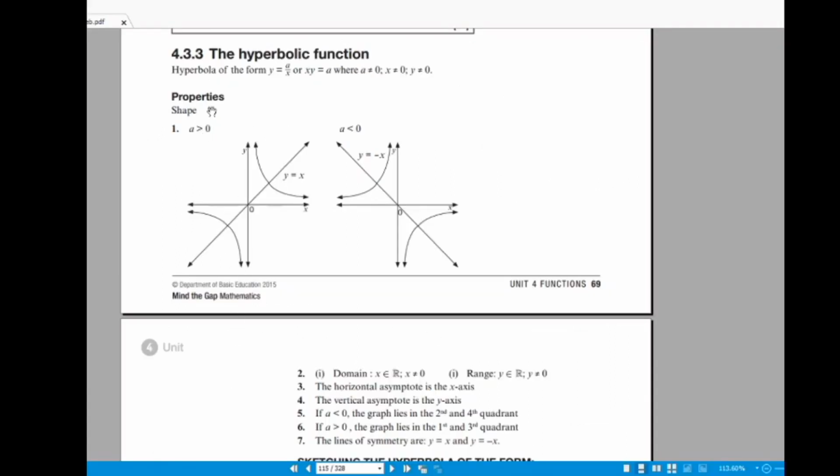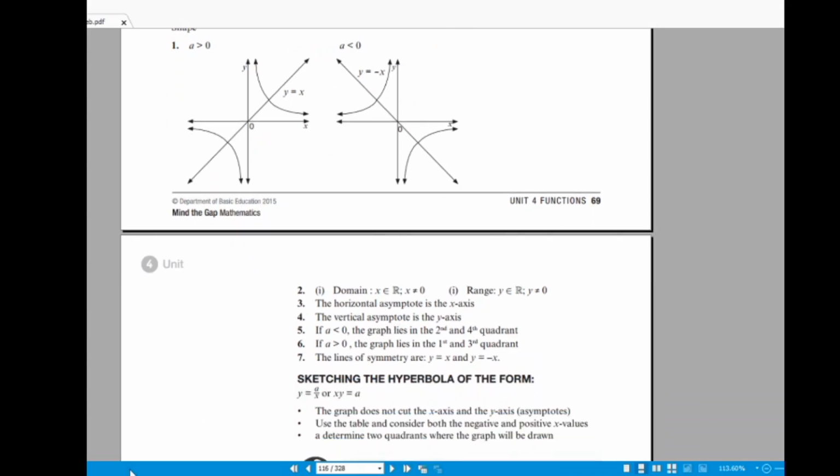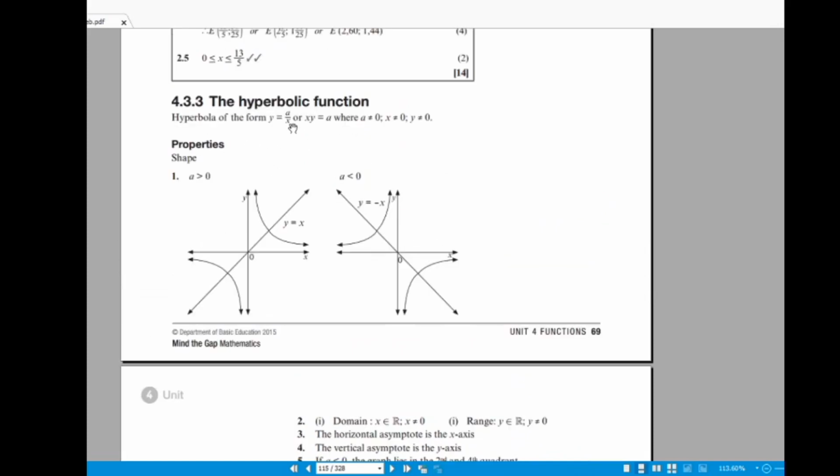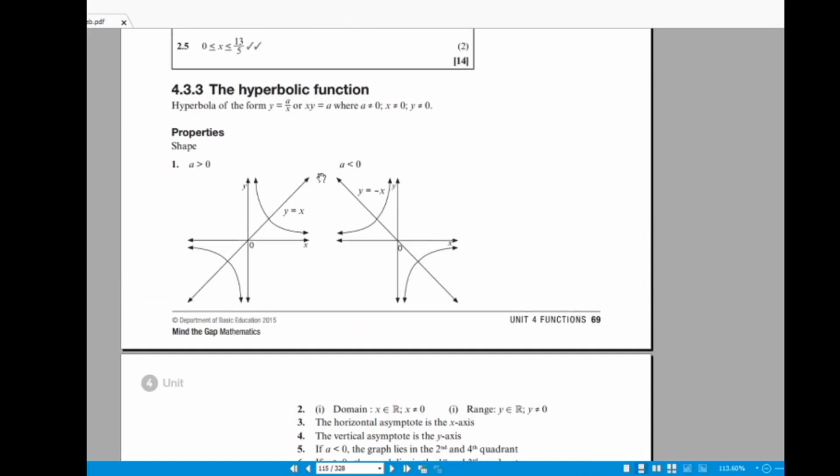Now let us go over the properties of the hyperbolic function. We did say it is in the form y equals a over x. The other forms of the hyperbola, where you see p and q, are simply transformations of this standard form.